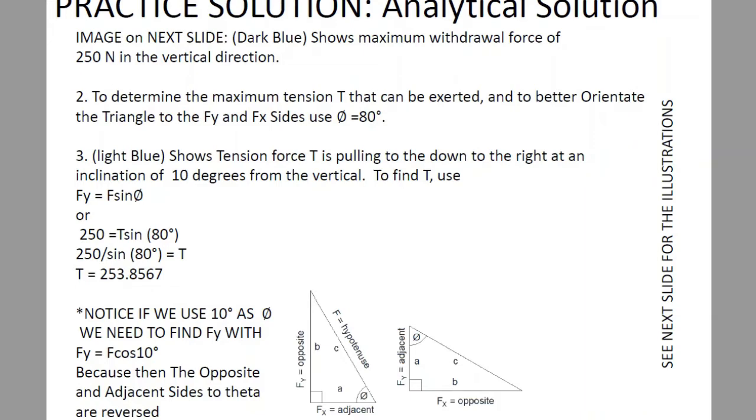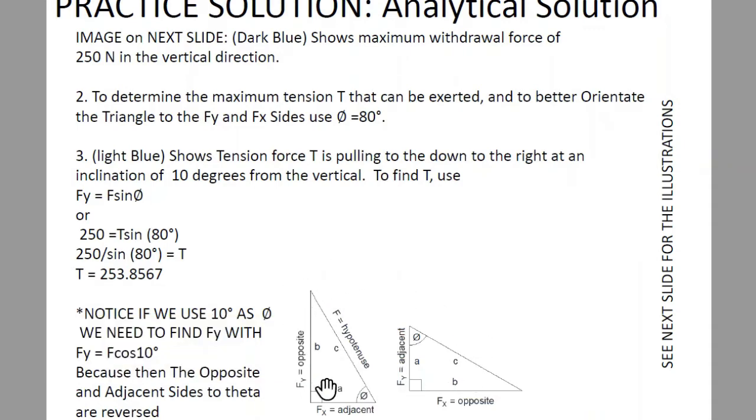On the image in the next slide, you will see in dark blue the maximum withdrawal force of 250 newtons in the vertical direction. To determine the maximum tension T that can be exerted, and to better orientate the triangle to find F of y and F of x sides, use instead 80 degrees. 80 degrees would be down to the bottom right side of the triangle rather than the top left side of the triangle.